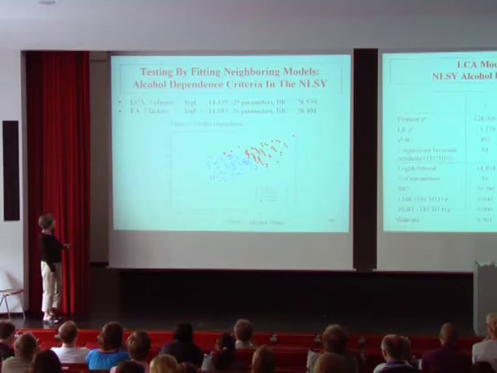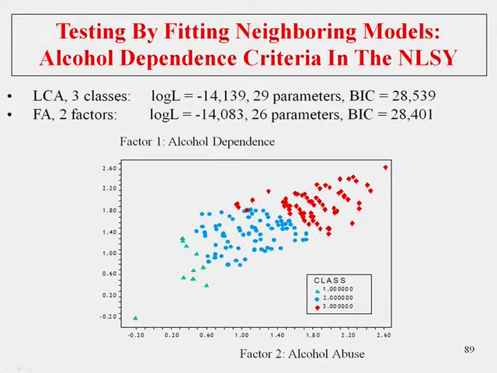The way that we show this is we have the 2 factors, one on the y-axis, one on the x-axis, and the classes are represented. The green is the normative class, the red is the dependent class, and the blue is the class of alcohol abusers.